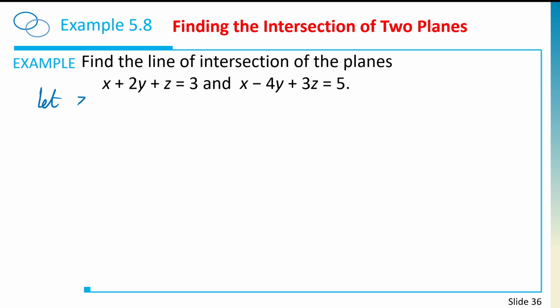So I'll let z equal t. You could let any of them, where t is any real number, where t belongs to R.